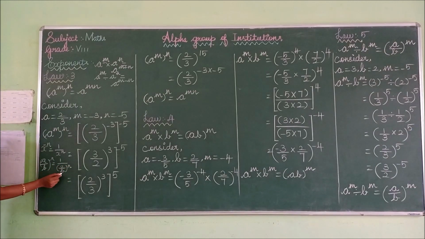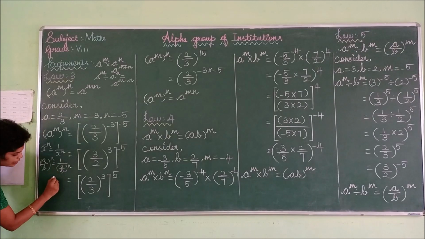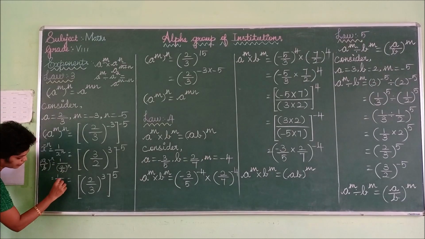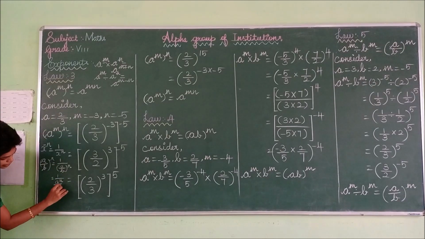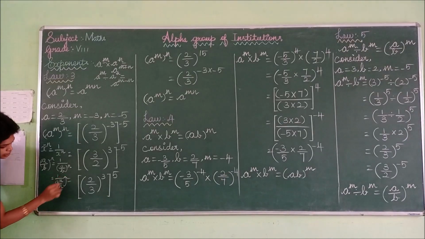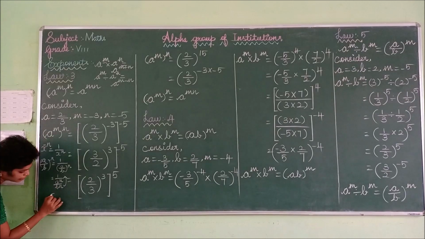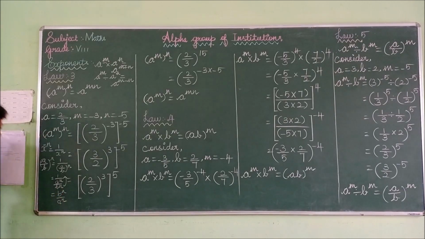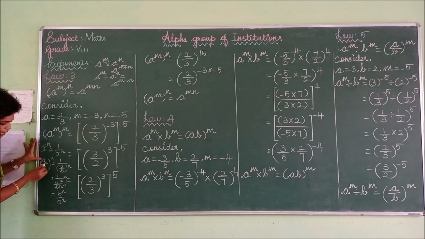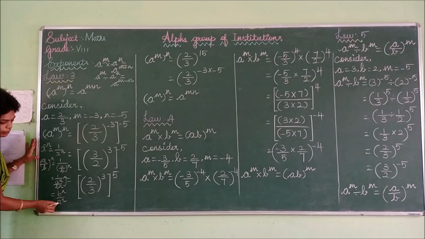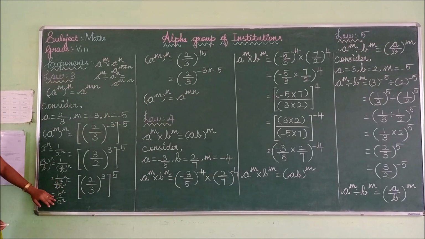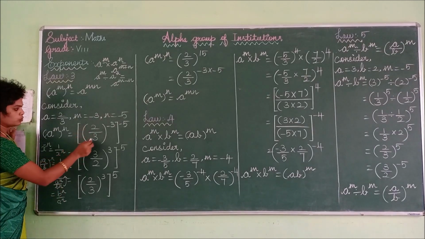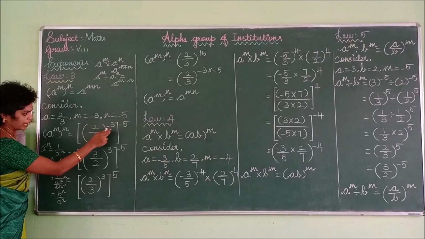If it is rational, we can write that as 1 divided by a power n by b power n. So again, bringing the denominator to the numerator, that will be represented as b power n divided by a power n. Similarly, a by b the whole power minus n is equal to b power n by a power n. Using this you can change 2 by 3 the whole power minus 3.